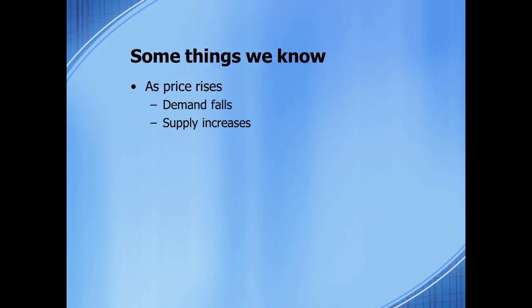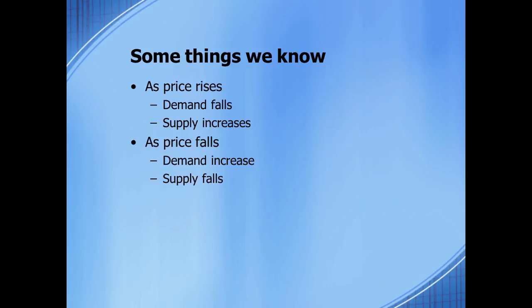Just to recap some of the things we already know: as price rises, demand falls, and consumers choose to buy less of a product or perhaps purchase a different one. As price rises, supply increases, because at a higher price more producers are prepared to supply. Equally, we know that as price falls, the reverse happens.